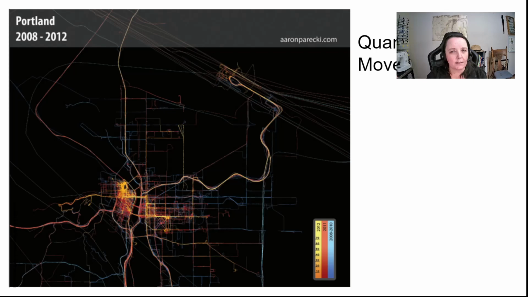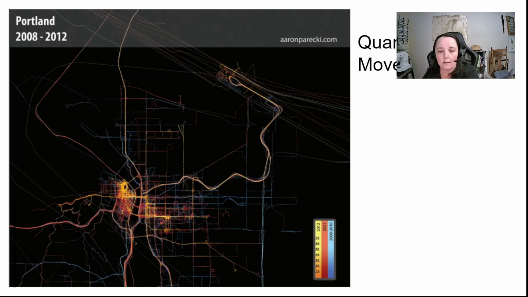So for example, this person, Aaron Parecki, collected GPS traces of his activities during these years. On the map, you can see the yellow, the red, and the blue, and the pattern of his activities.